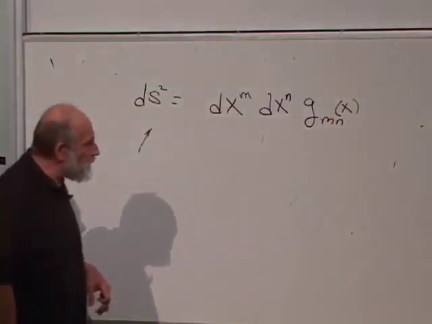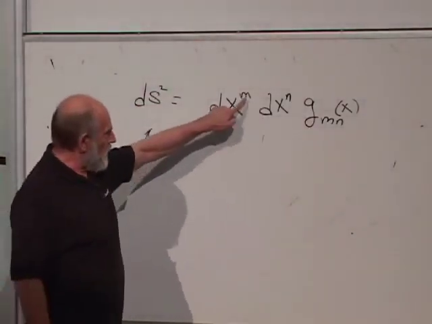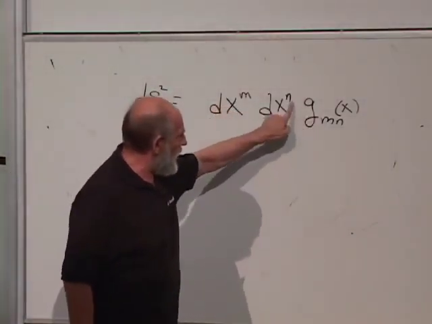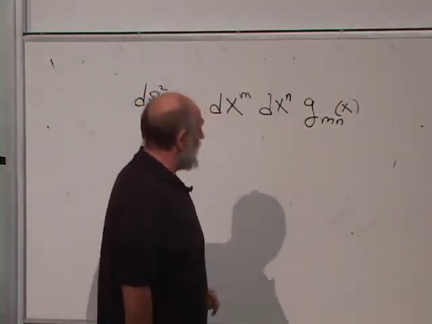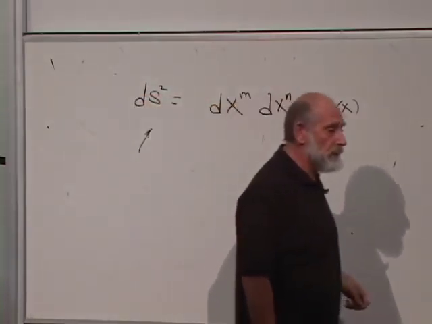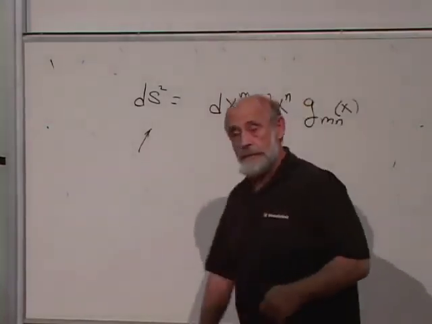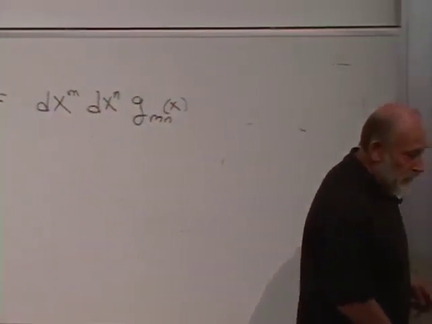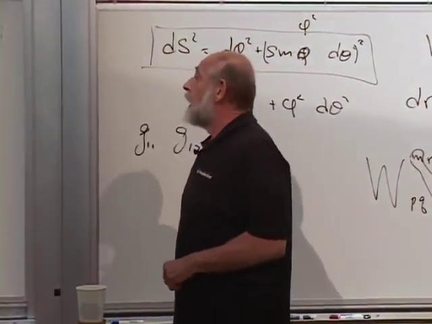Now notice, this is a special case of the rule of contracting indices. We've contracted m with m and n with n. There are no leftover indices. This is a scalar. Two contravariant indices, two covariant indices. And the metric tensor is the object which allows you to compute, if you know it, the distance between neighboring points.